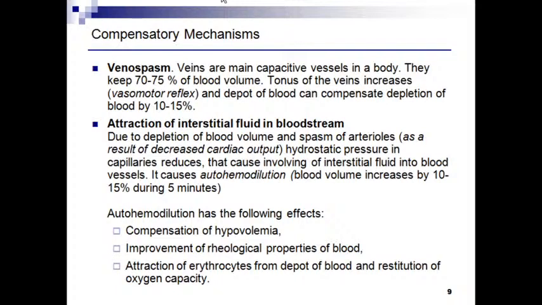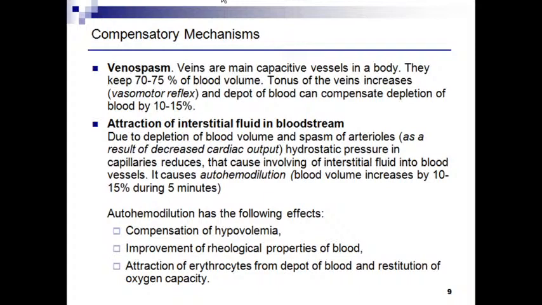This is a vasomotor reflex, spasm of peripheral arterioles, and hydrostatic pressure in capillaries reduces, which causes involving of interstitial fluid into blood vessels. It causes autohemodilution, a dilution of the blood of the patient with interstitial fluid of the same patient. And blood volume increases by 10 or 15% during 5 minutes. It's a very fast mechanism of volume compensation.